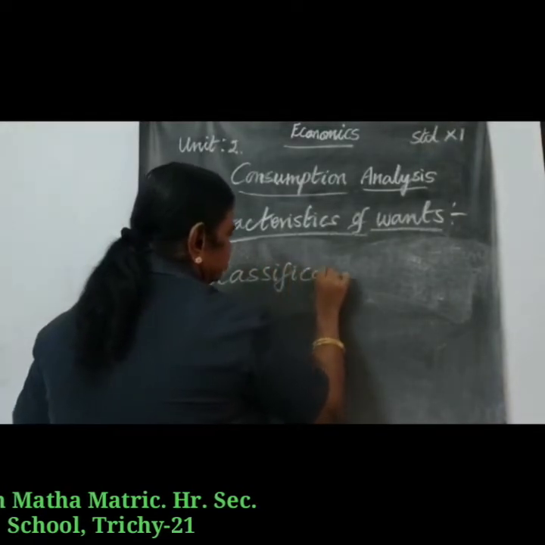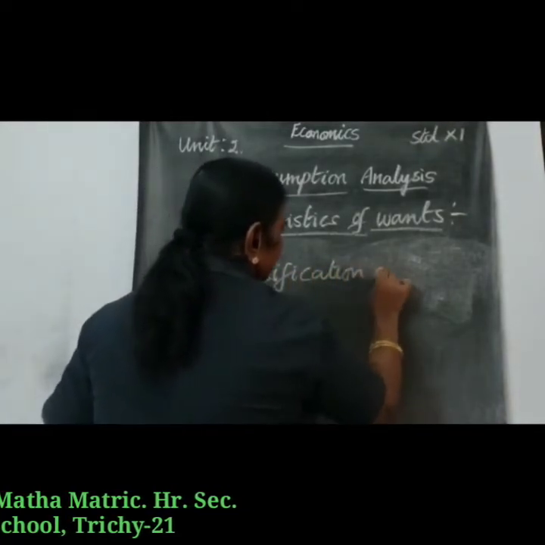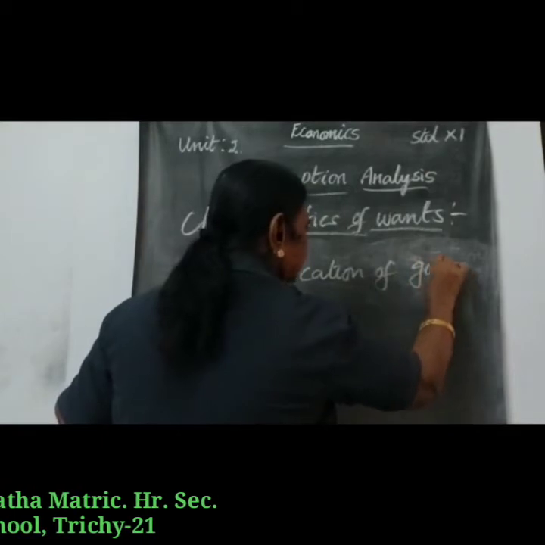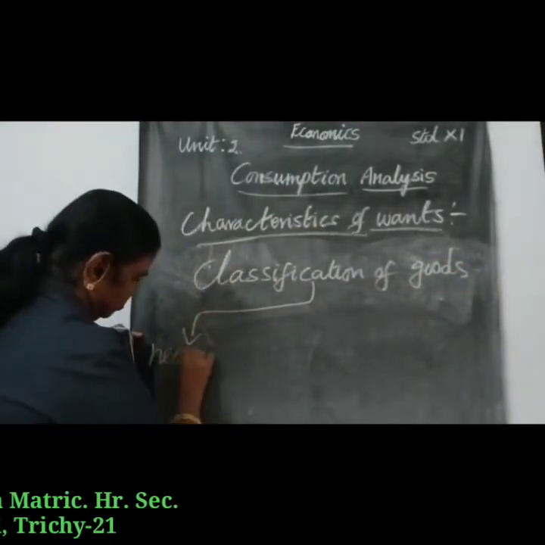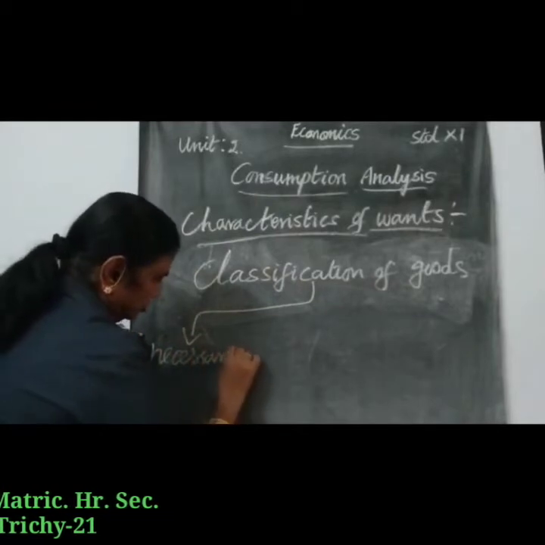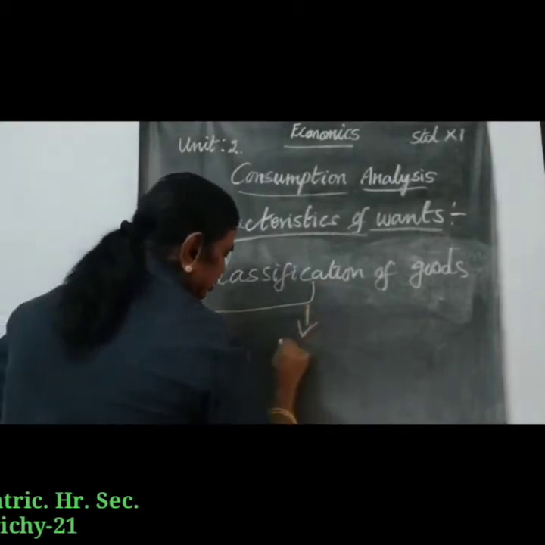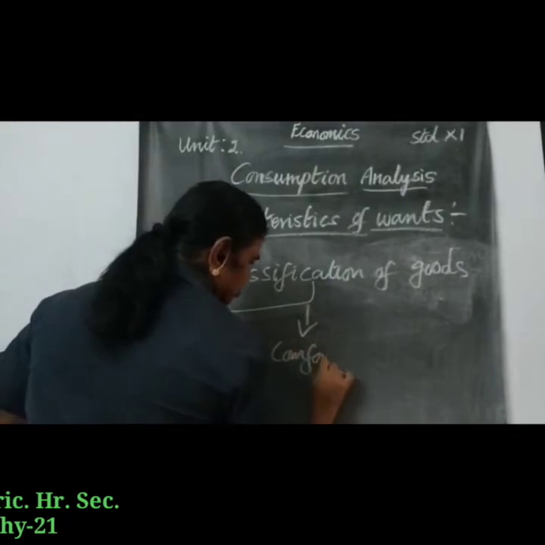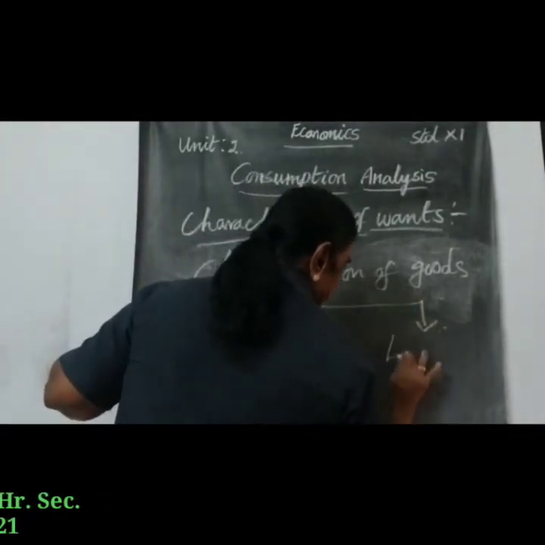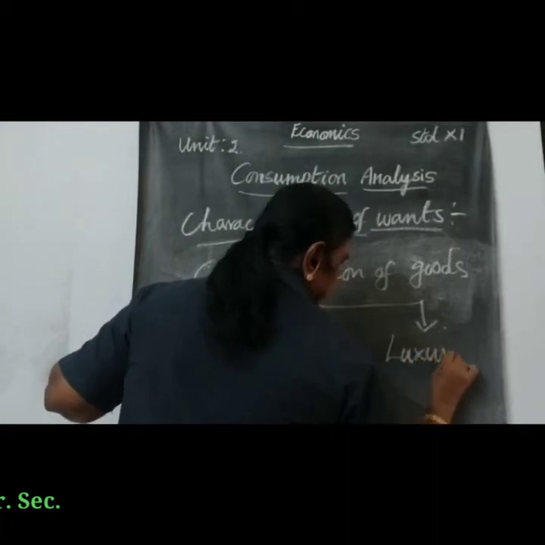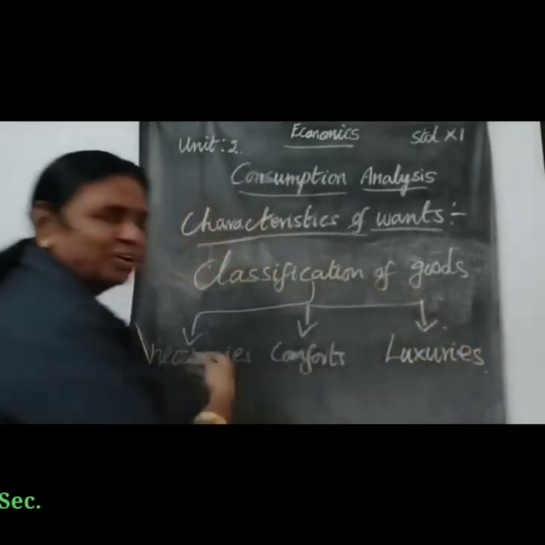Classification of goods or wants, you can take it, and that is necessaries. Second, comforts. And third, luxuries. So what is necessary?